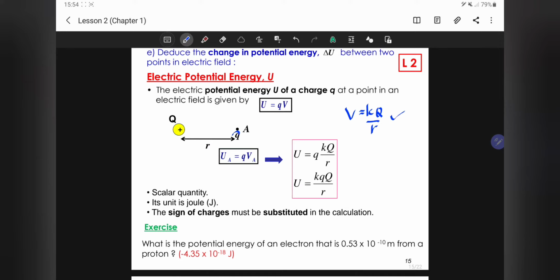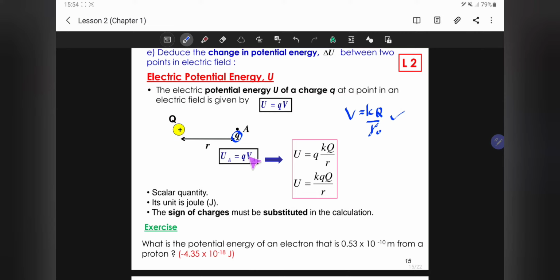But for this charge, which is q located on point A, R equals 0. When R equals 0, V also equals 0. So there is no potential exerted on A by the test charge. The potential exerted on A is just by our isolated charge here. That one is VA.